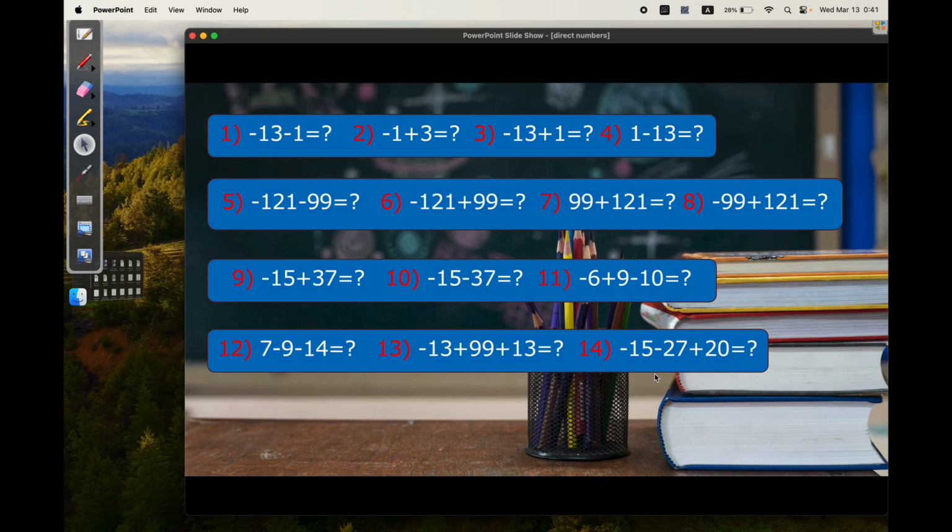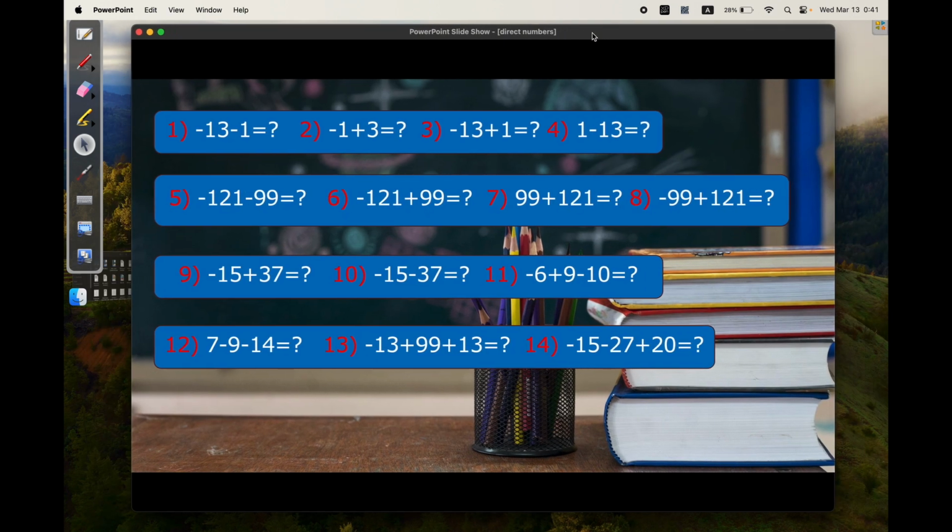You can try to give answers to these questions, and you can comment the answers in the comment section, and then next lesson we will start by reviewing these answers, and then we'll move on to the next one.